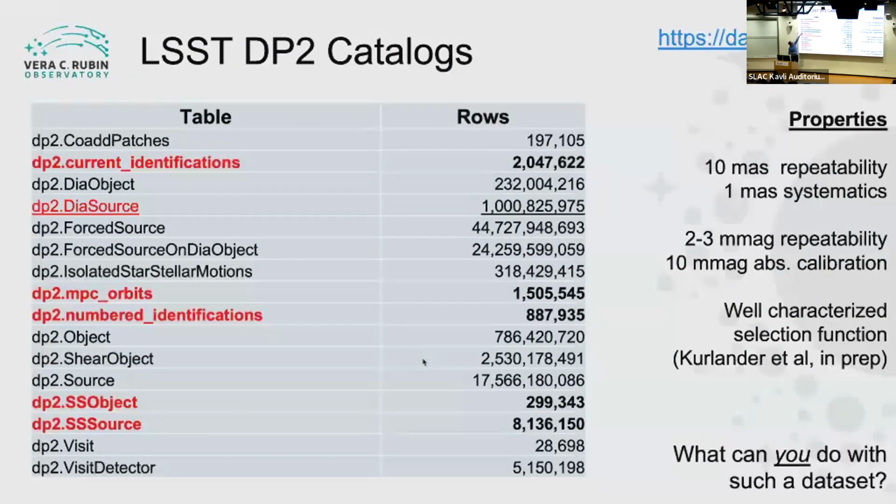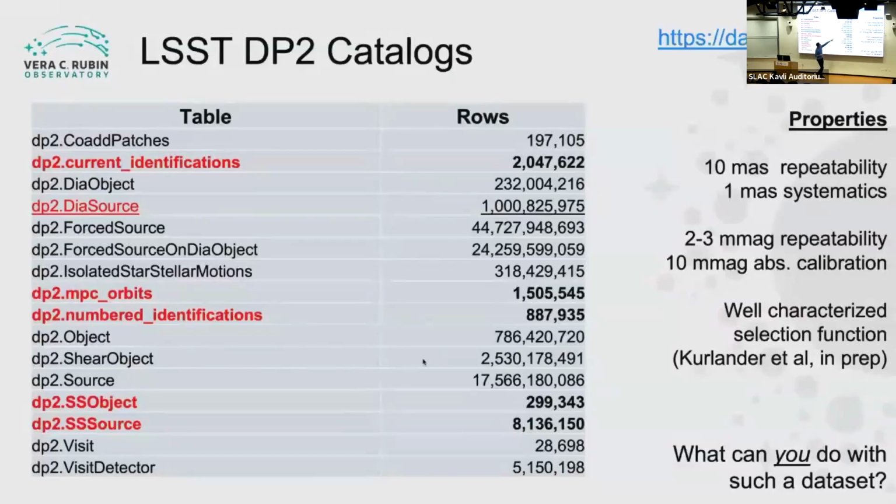That is not a solar system specific table, that's why I just underlined it. But that's where you're going to find astrometry and photometry for individual solar system sources. And then we have a couple of auxiliary tables from the Minor Planet Center database, including the orbits, number identifications, and current identifications. Those two allow you to, for example, map old provisional designations to numbers and similar.